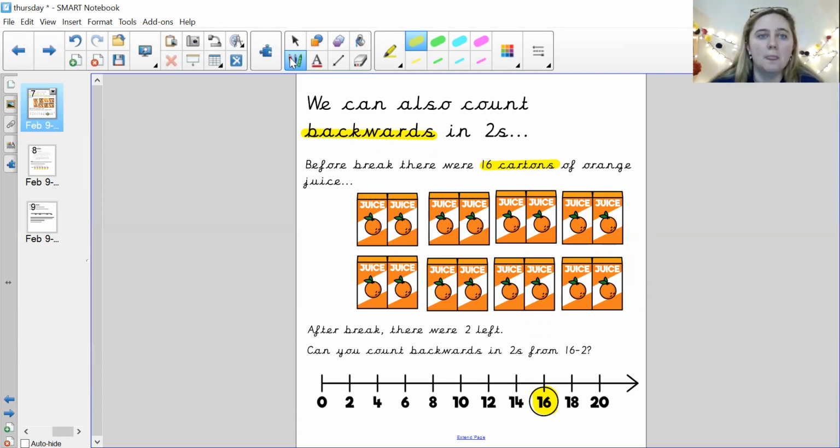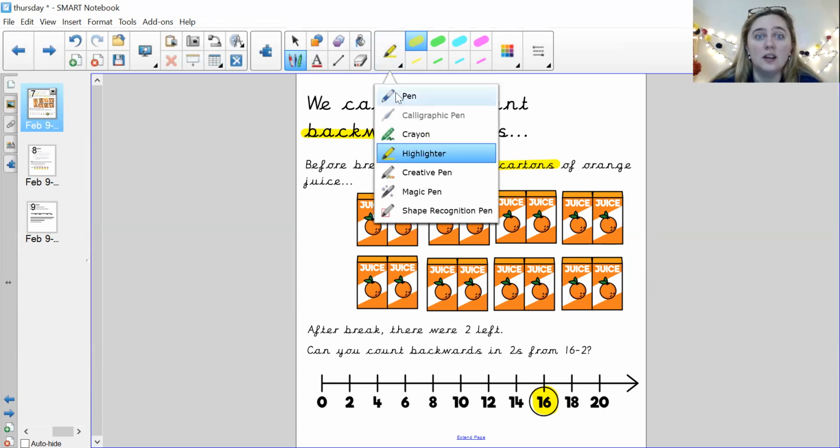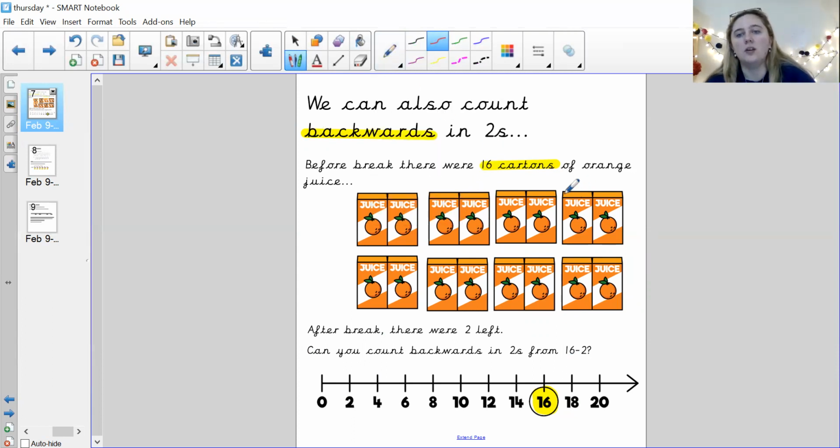Well done. Did you manage it? Okay, so I'm going to do it and I'm going to cross off the cartons as we go. So we have 16, 2, 4, 6, 8, 10, 12, 14, 16. And after break, there were only 2 left. So 16, 14, 12, 10, 8, 6, 4, 2.